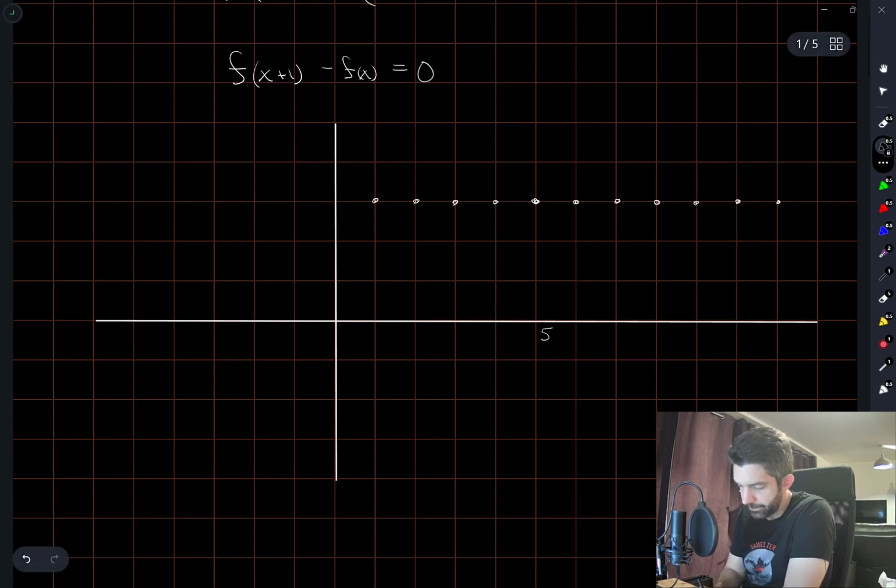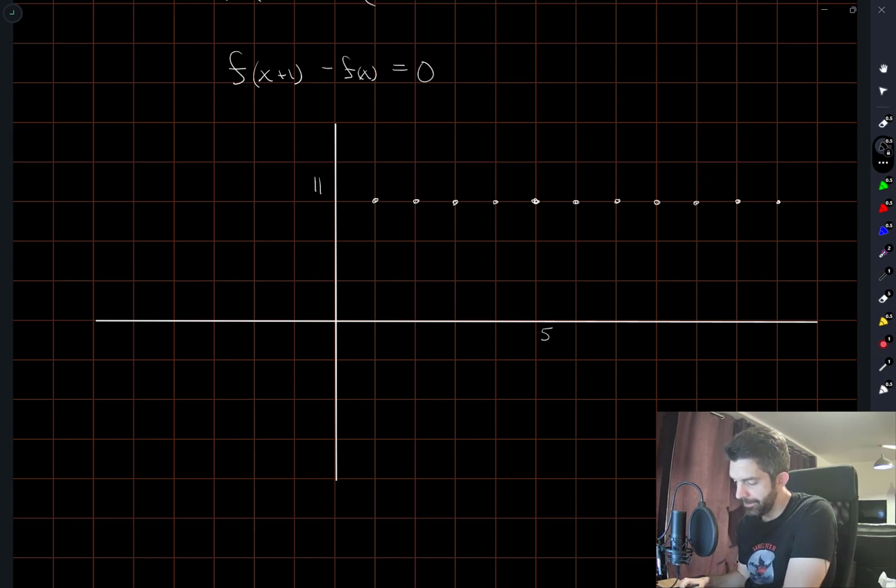And if f is a polynomial, then, if f is an nth degree polynomial, it can have at most n values of x where it's equal to this constant.